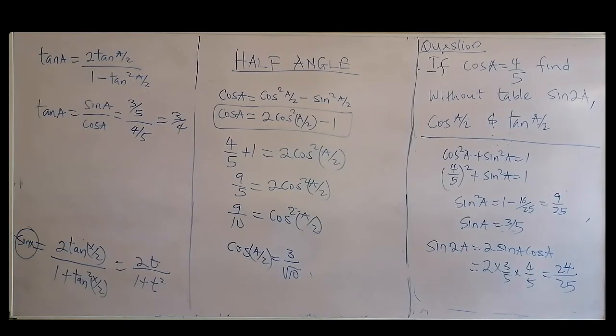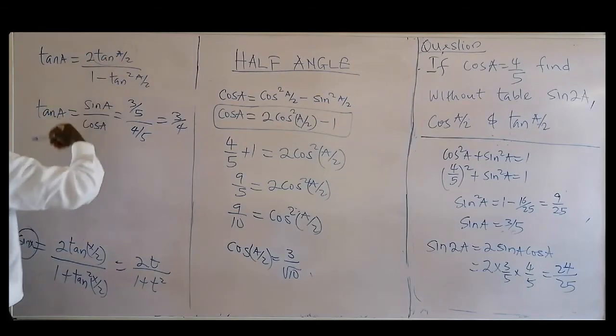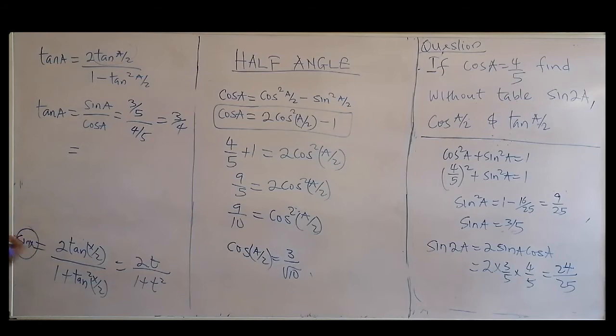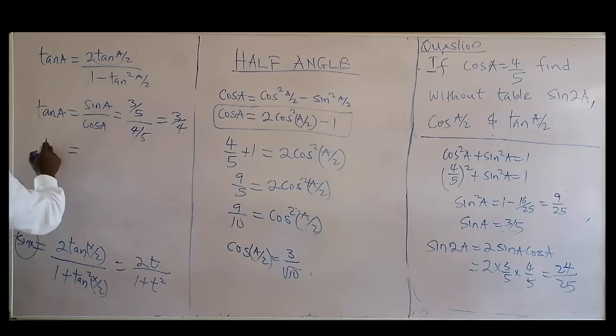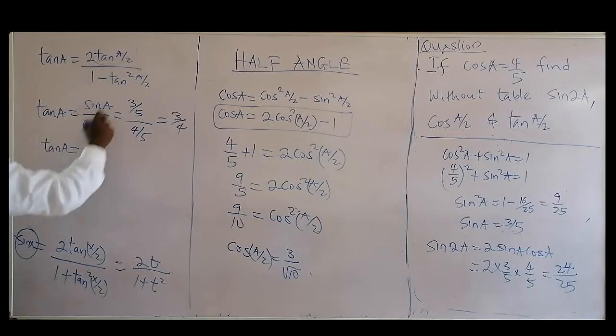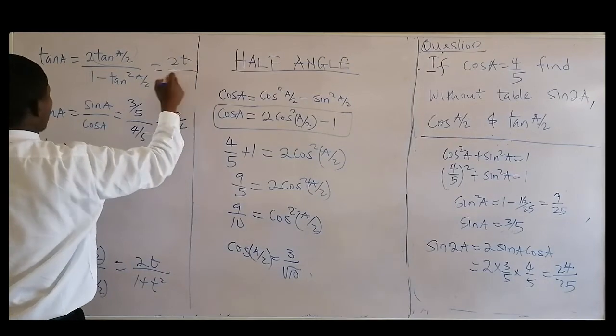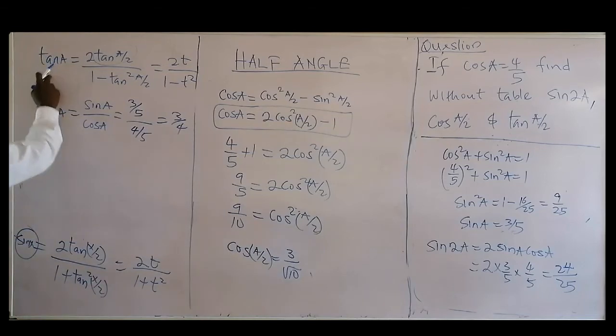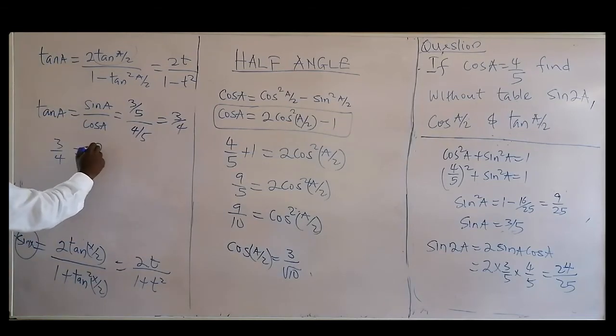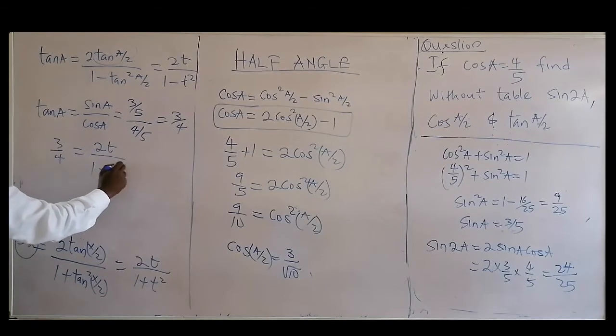So the next thing to do now, can't we replace this one to make it easier for us, to soften the workings? To soften the working, let's make tan A over 2 as t. So tan A is now what? This will be equal to 2t over 1 minus t squared. So I'm having now tan A is 3 over 4 equal to 2t over 1 minus t squared.